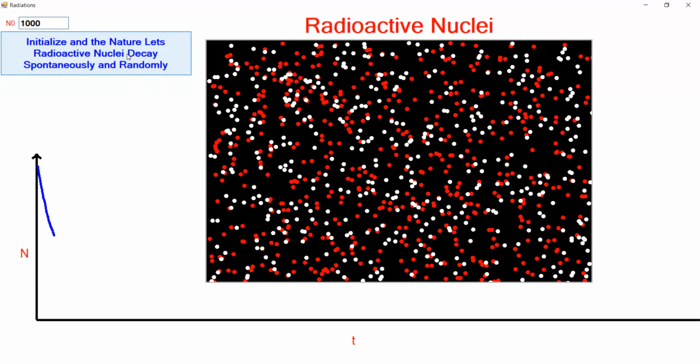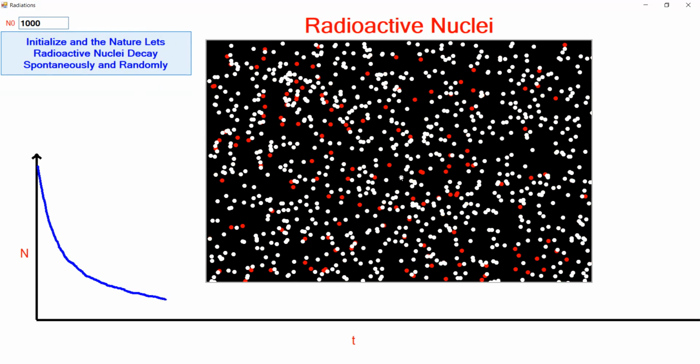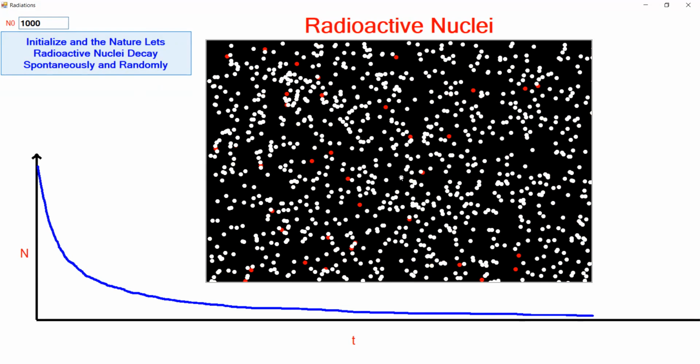You can see that at the start, the black box is filled with reddish color. The radioactive nuclei will decay with the passage of time. The reddish circles represent the number of undecayed nuclei, and the white circles represent those nuclei which have decayed with the passage of time.